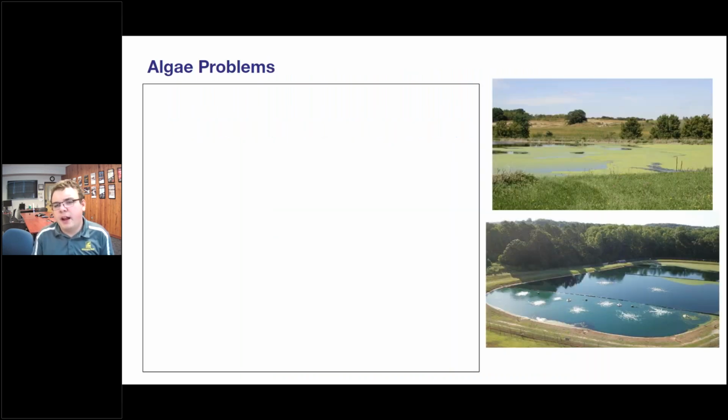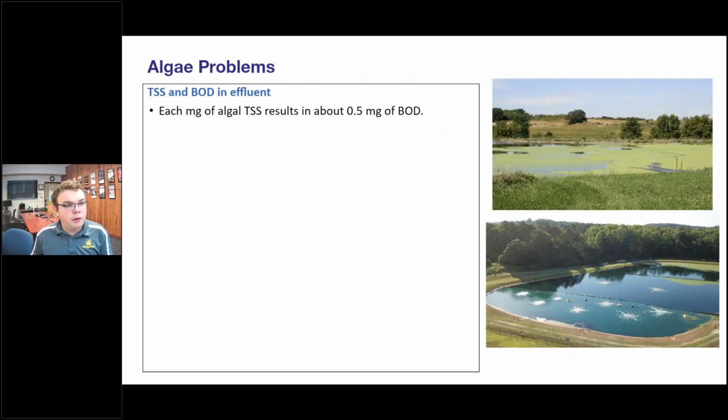So what are some problems that algae poses for the system? The first is the total suspended solids and BOD in the effluent. Each milligram of algae solids results in about 0.5 milligram of oxygen demand. So if you have a lot of algae solids, that's a lot more oxygen demand.